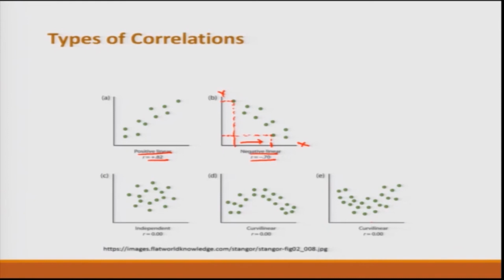So, this is no correlation, r is 0. This is again r is 0. There is increasing and decreasing correlation. These are called non-linear correlation. So, this is a drawback or pitfall of the correlation.